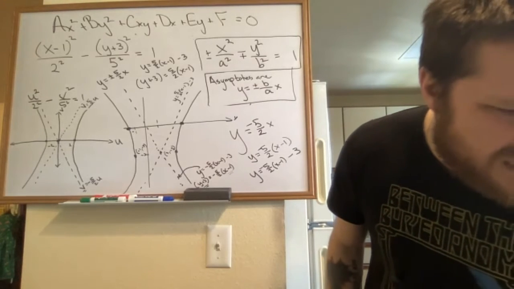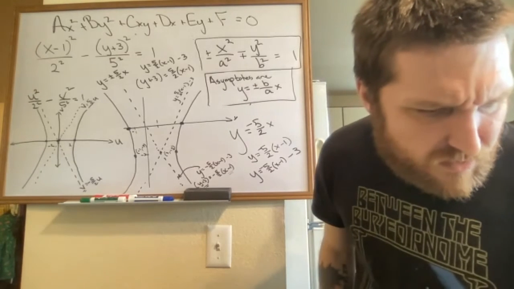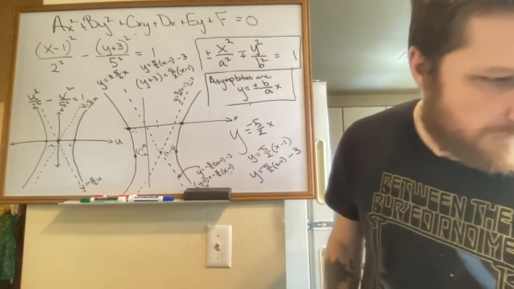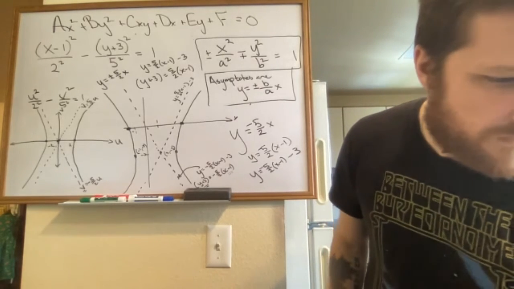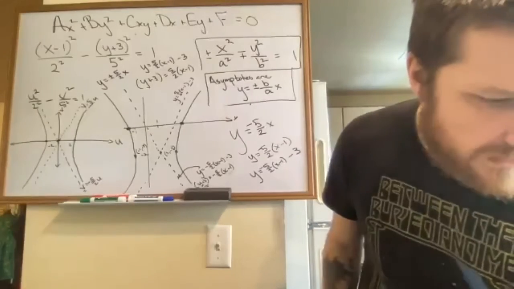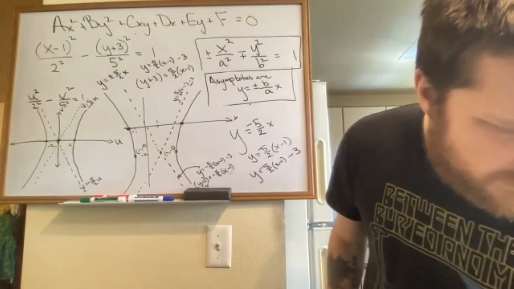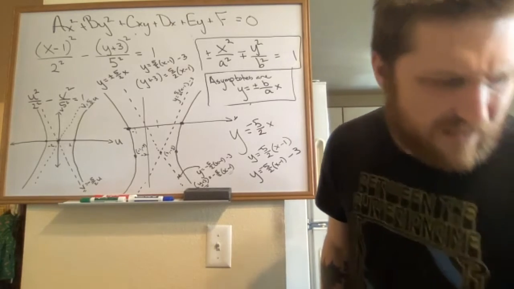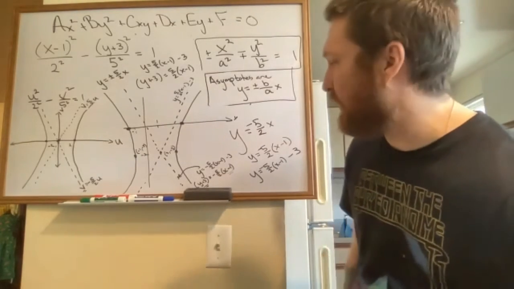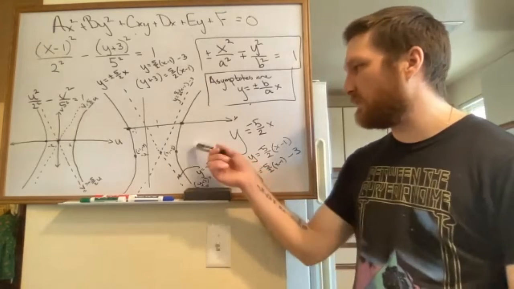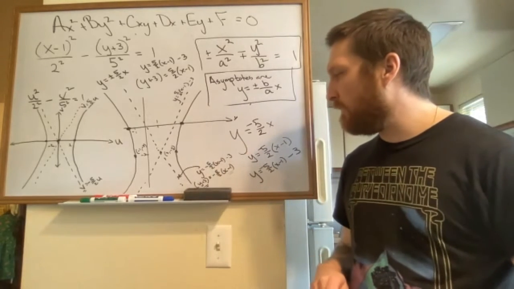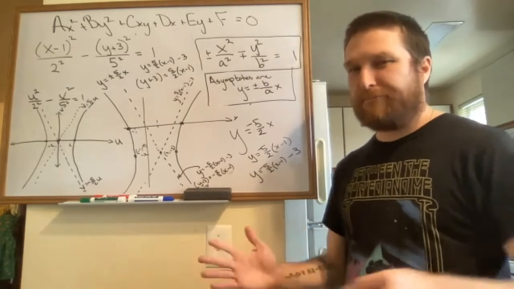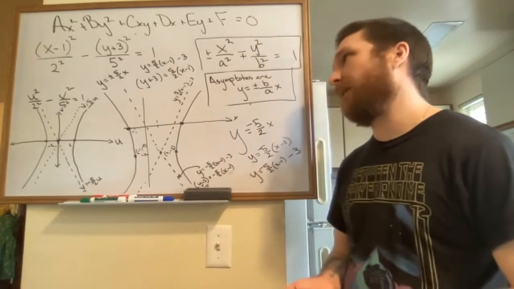Your book does a decent job of explaining. I think the hardest thing to wrap your head around is this part with the asymptotes. But hopefully after doing a few of them, you'll get into the swing of it.